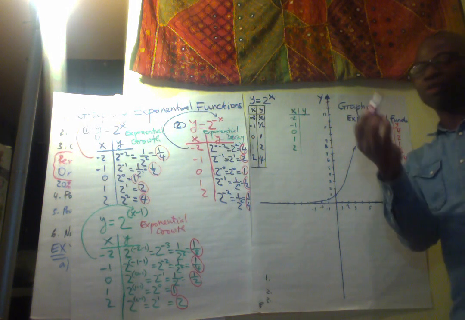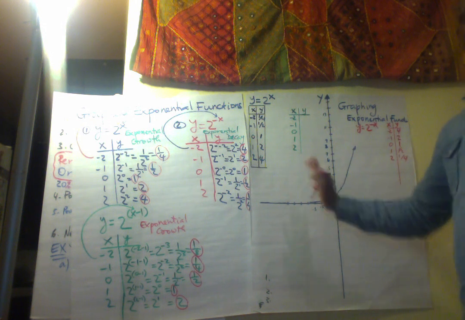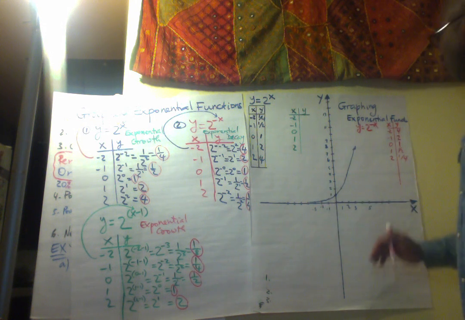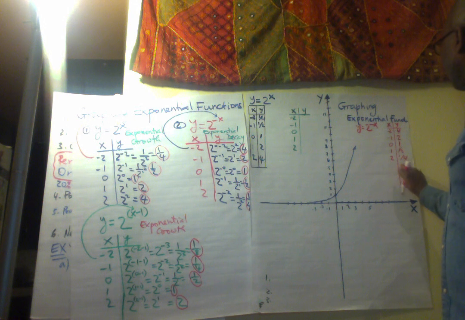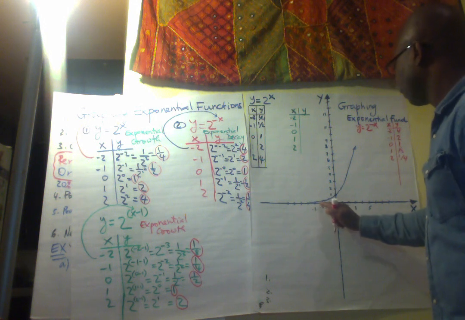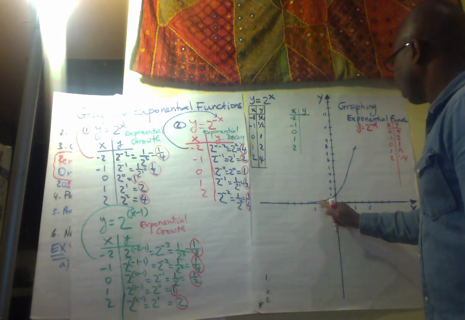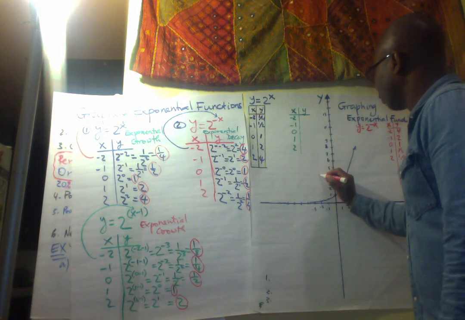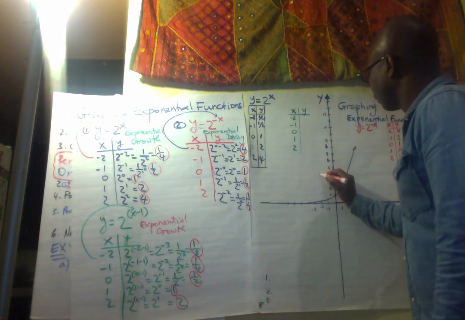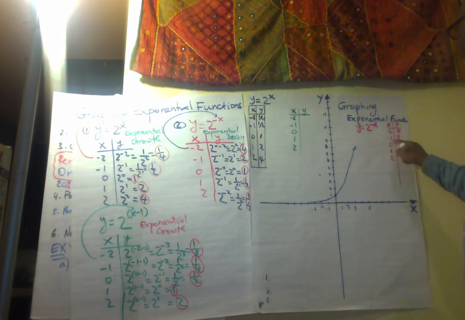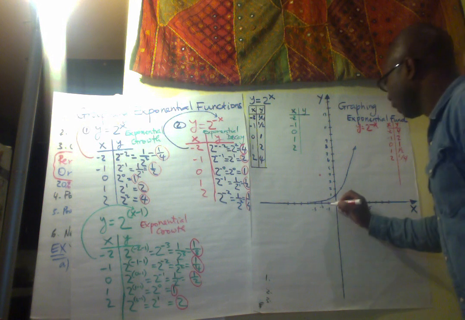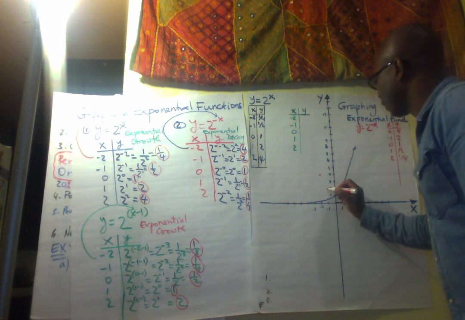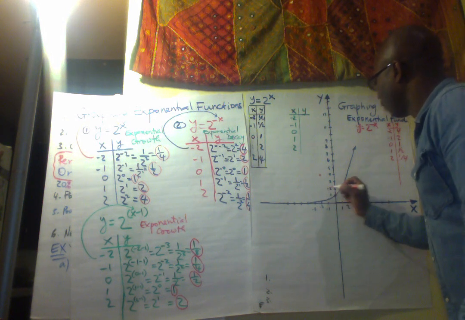I'm going to use the red one, and I'm going to graph it on the same graph paper. So this one, -2, is all the way here at 4. At -1, we are at 2.